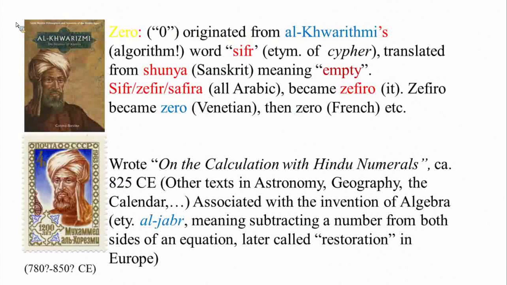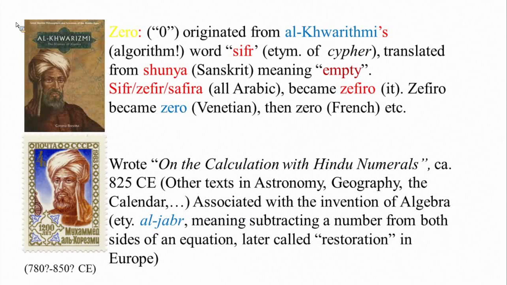Now the story really gets cool with algorithmy. Actually, algorithmy sounds like that. And if you think of the word algorithm, it comes exactly from al-Khwarizmi, who was a Persian mathematician. The word algorithm derives from that. And here's a Russian stamp with al-Khwarizmi on it, celebrating his 1200th anniversary. 780, 850, we don't know exactly when he lived, but we know he lived.